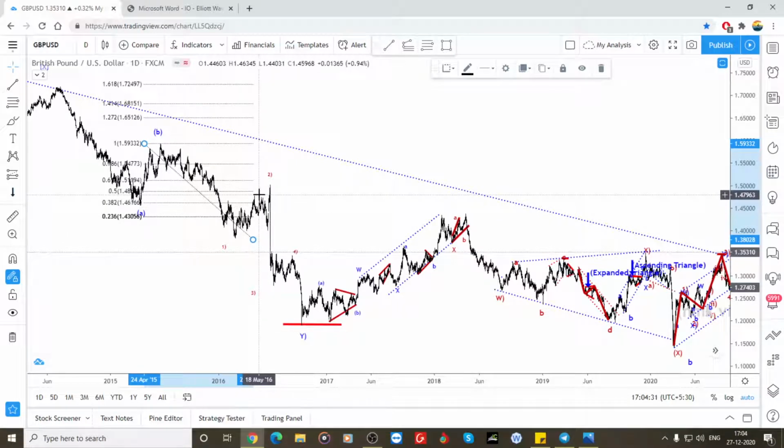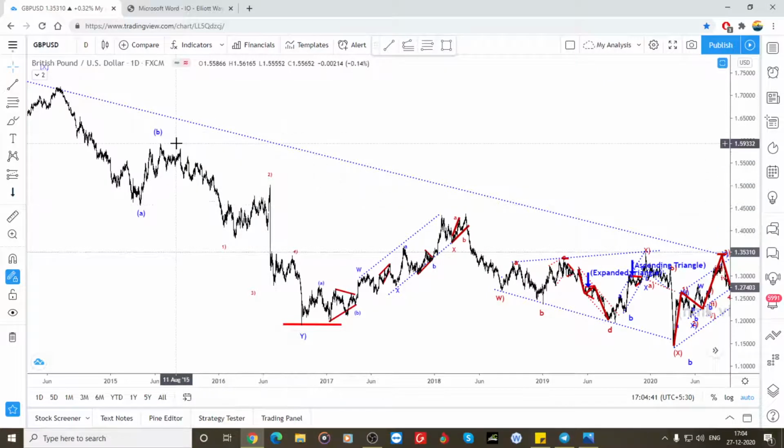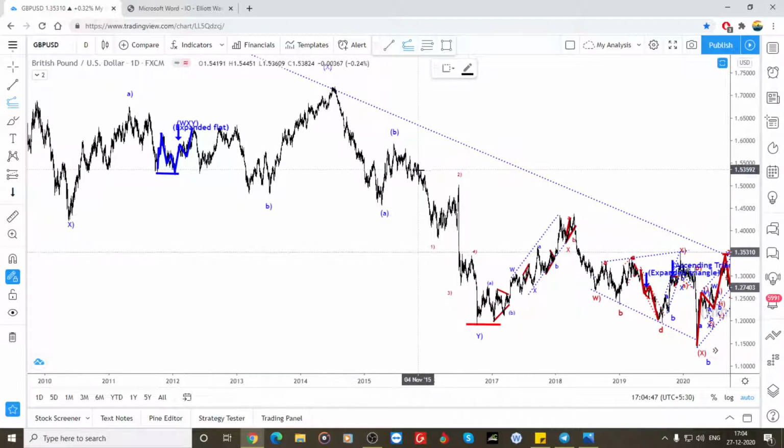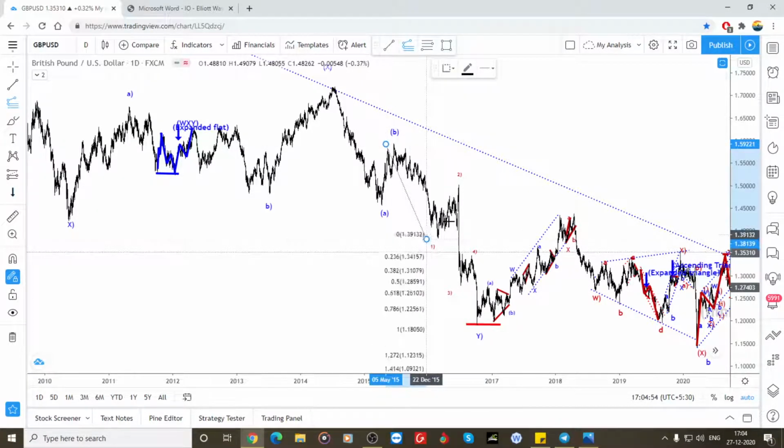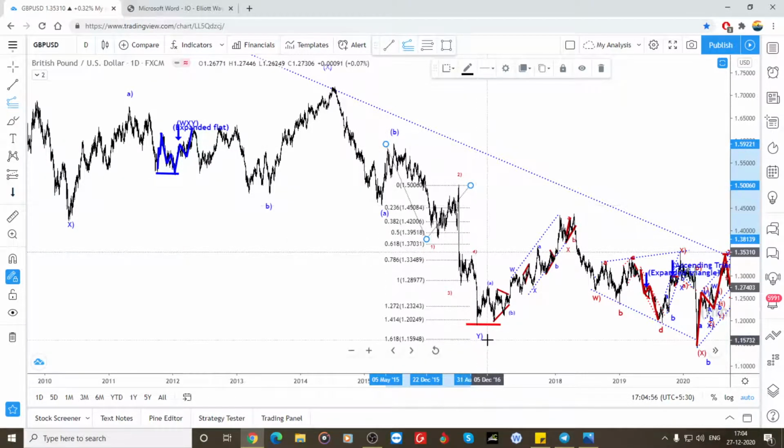Once it crosses this high, try to sell according to the Elliott wave theory at the 61.8 retracement, and move the stop loss to this high. For the target, we don't know how deep it will go, whether it is going to be a wedge formation, we can't say that, but the third wave target of 1.618 is the minimum.